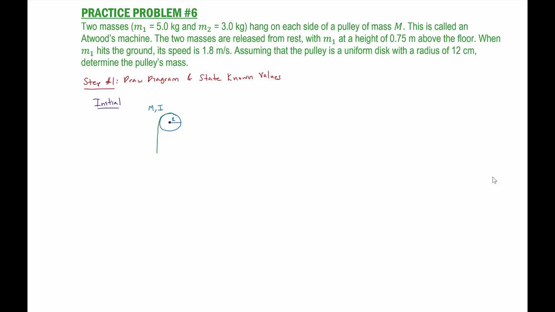Then there's going to be a string that allows two masses to hang. So let's see. The two masses are released from rest. M1 is at a height of 0.75 above the floor. So let's choose M1 to be here.